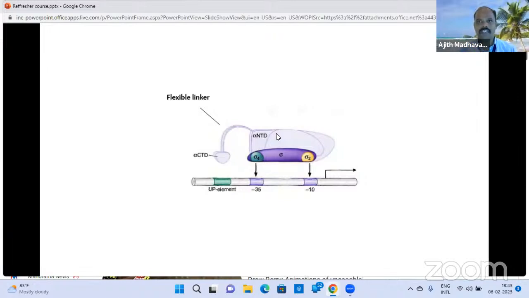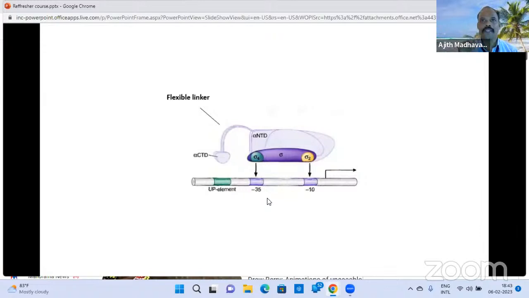The sigma factor has different regions, sigma 1, sigma 2, sigma 3, sigma 4, and so on. Sigma 2 and sigma 4 are the 2 that recognize the minus 35 and the minus 10 region. Now imagine in your mind, you have a plug and a point.